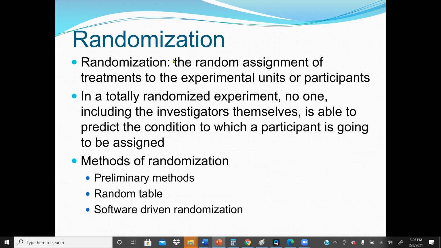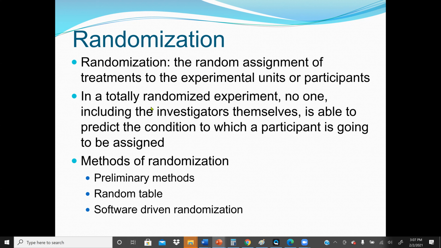Here, randomization means the random assignment of treatments to experimental units or participants. It can be the experimental units or the actual participants of the experiment. In this sense, there's fair treatment for every element in the experiment.